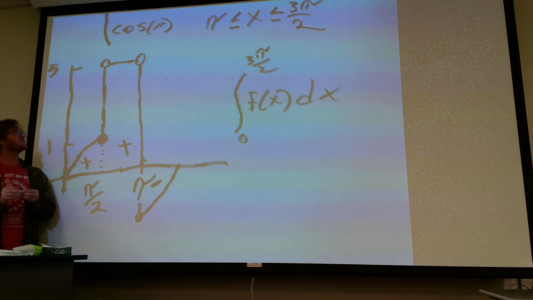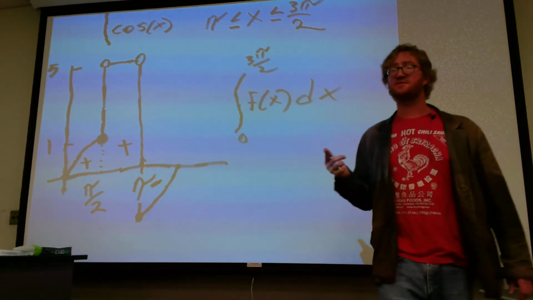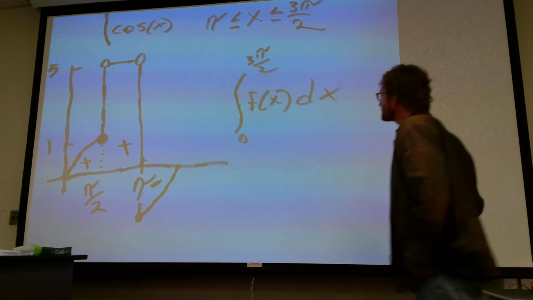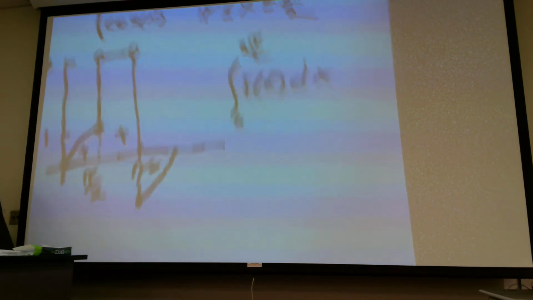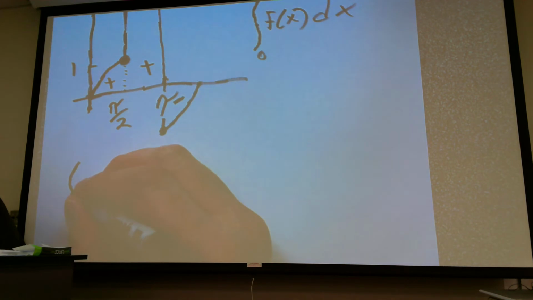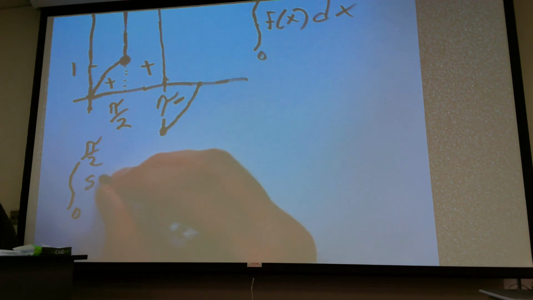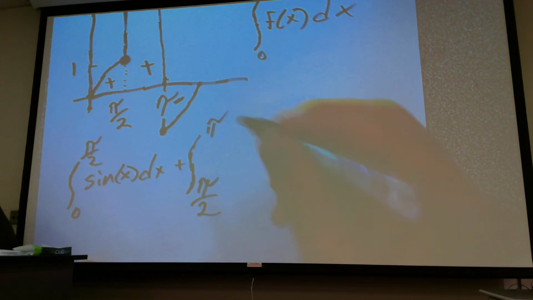But what we're going to do is break up this integral into all of its individual pieces. This is one of the good properties of integrals, linearity. So what are we going to end up with? We're going to have the integral from 0 to pi over 2 of sine of x with respect to x, plus the integral from pi over 2 to pi of 5 with respect to x.